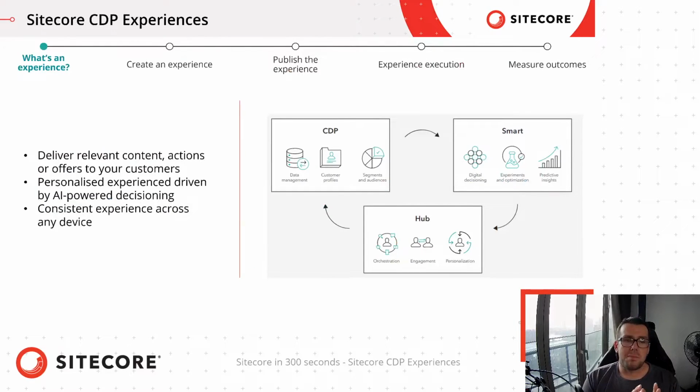Right. So this is all powered by Sitecore CDP. Sitecore CDP consists of a CDP using customer profiles that contain a 360 view of your customer, and we can do segmentation on that as well.